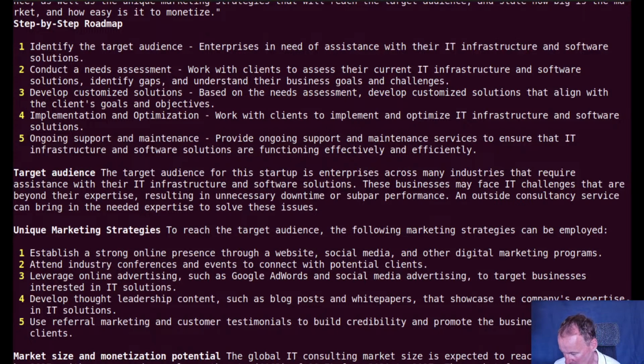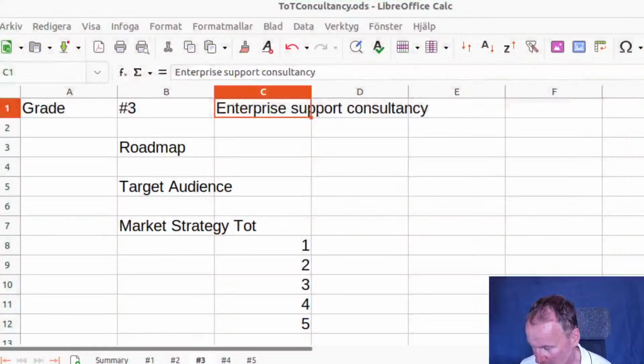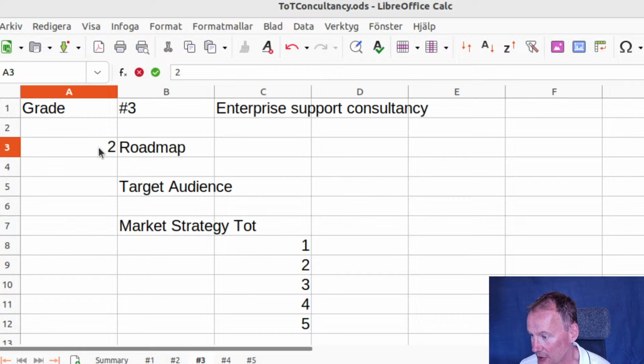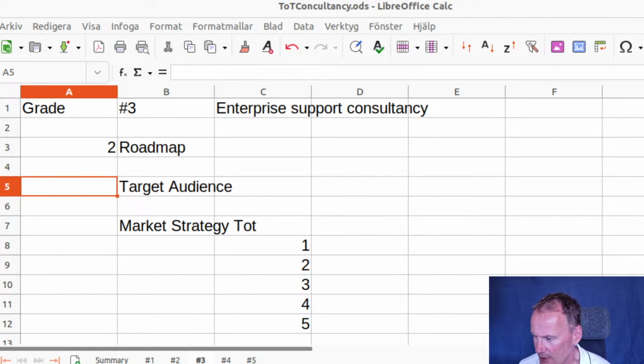So, to grade this one. Enterprise support, the roadmap. For me that's a 2. Not spearheaded and not really doing enterprise support either. Target audience for the startup is many industries with the IT.